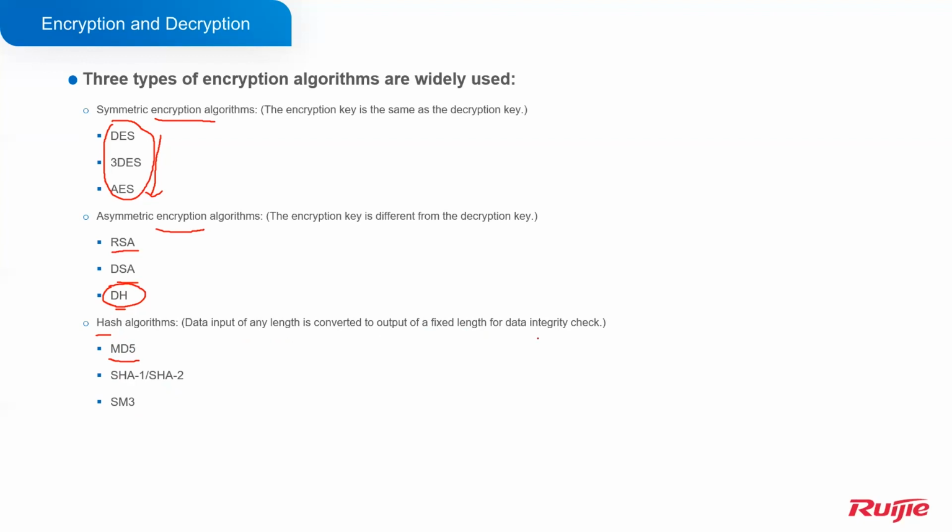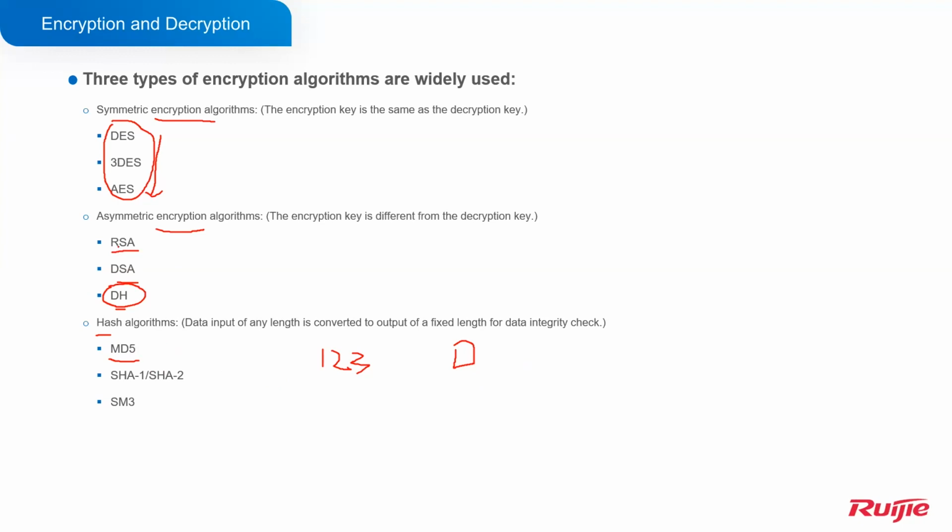So this is its function. Although maybe your original message is 1, 2, 3, finally you only get one fixed length value. The result will be the same if you choose a specific algorithm. So this is the definition.